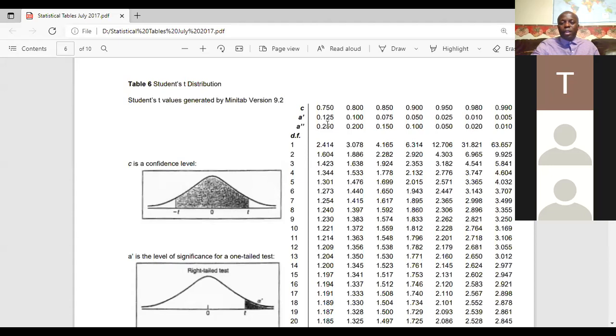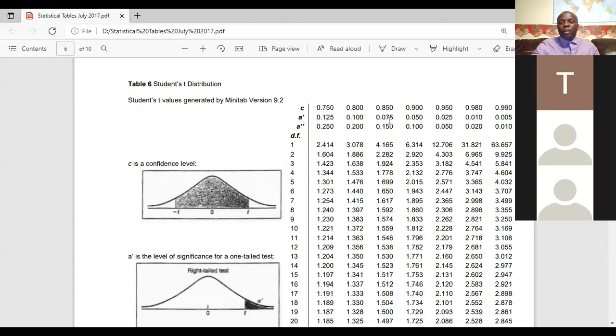Here is where you are. Is it 125? That means you are how many percent confident? This one is 100. We are 90% confident. This is for one tail.